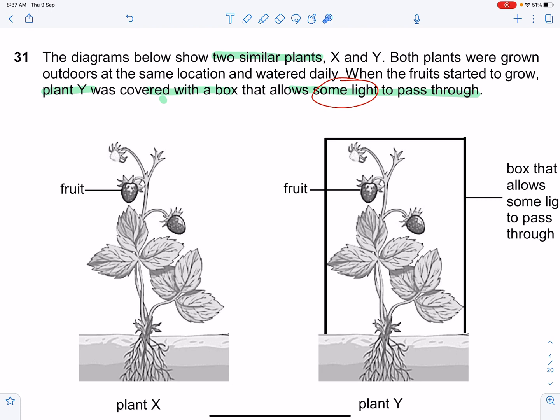Or you say, plant Y did not receive any light and hence rate of photosynthesis decreased. If you think about what you say, it's contradicting. No light cannot have photosynthesis, but yet you said that with some light, rate of photosynthesis decreased. Can you see that is such an uncalled for mistake? You need to be careful and annotate carefully.